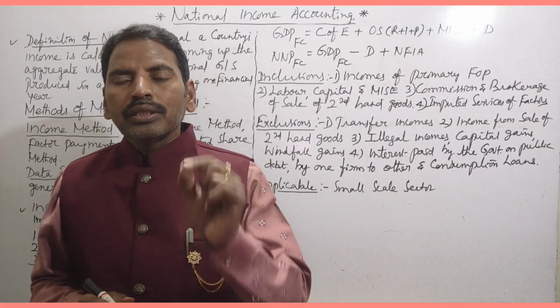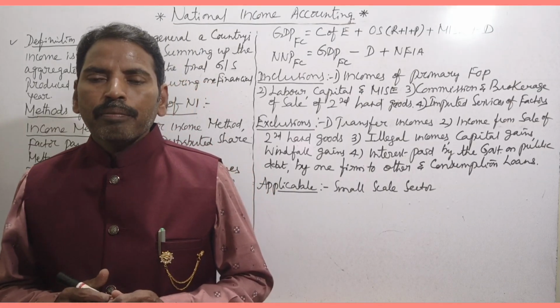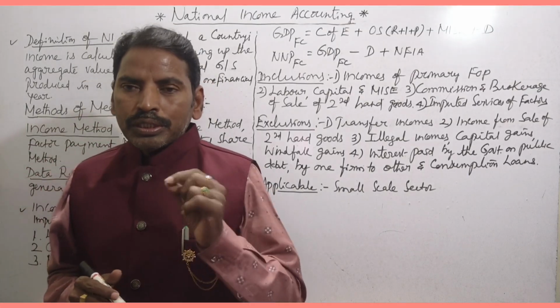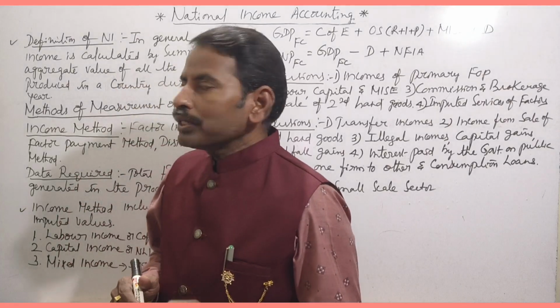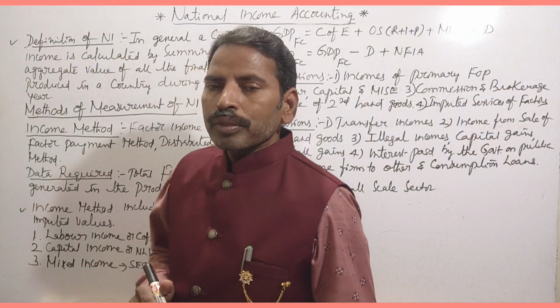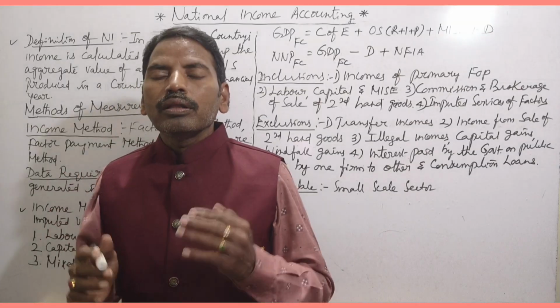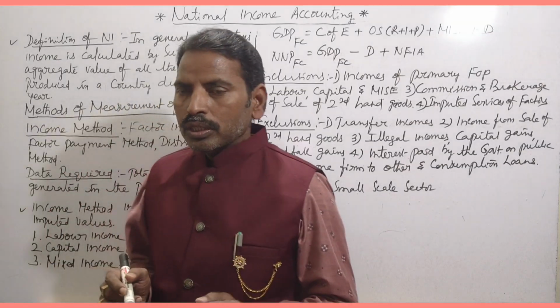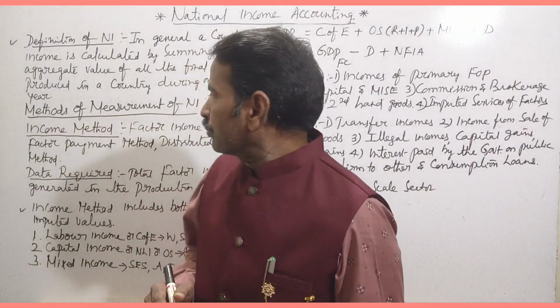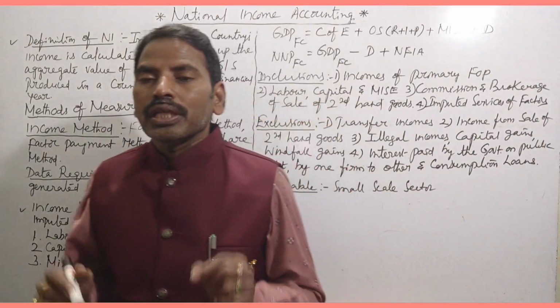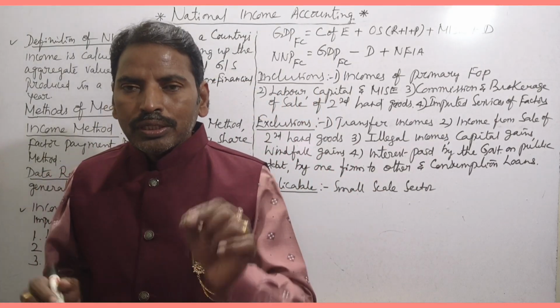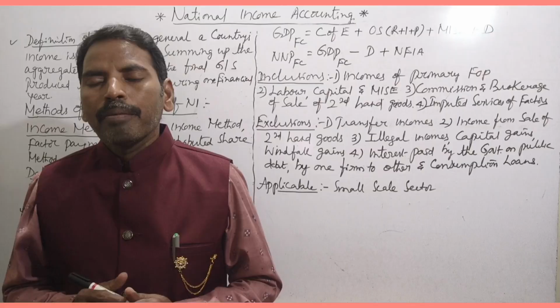In other words, a country's income is calculated by summing up the aggregate value of all the final goods and services produced in a country during one financial year, which is known as national income.